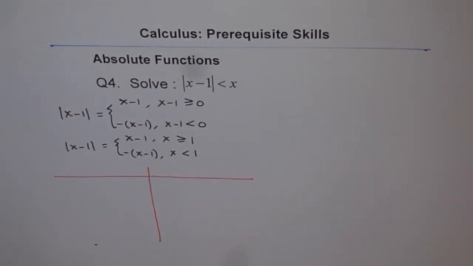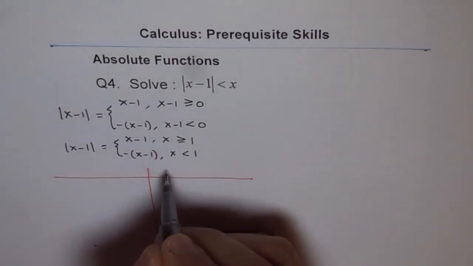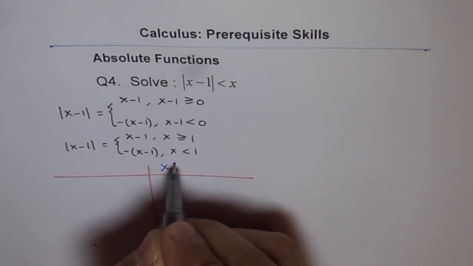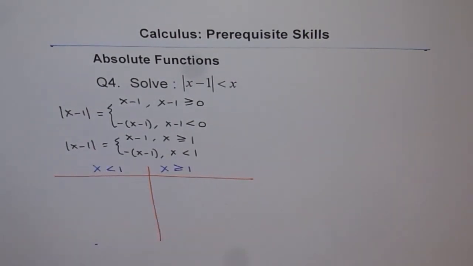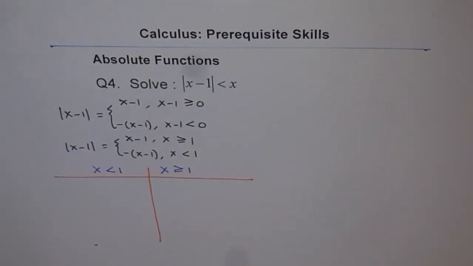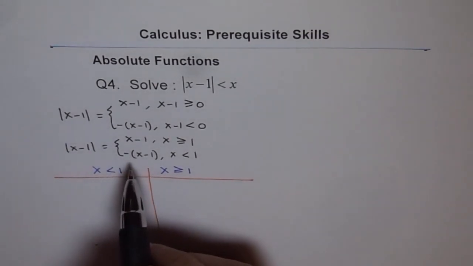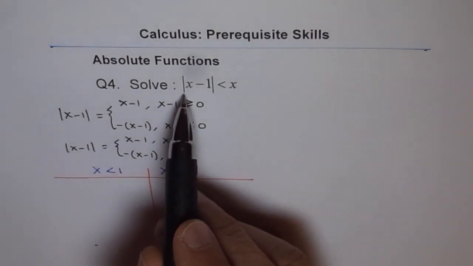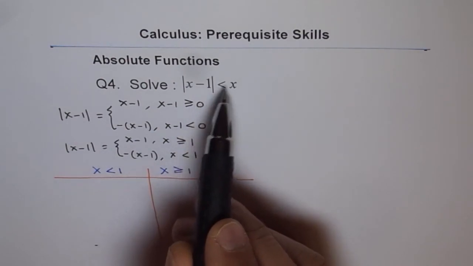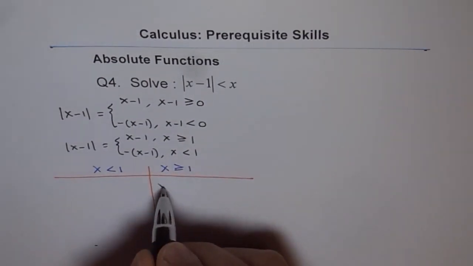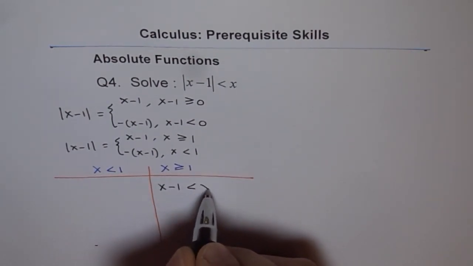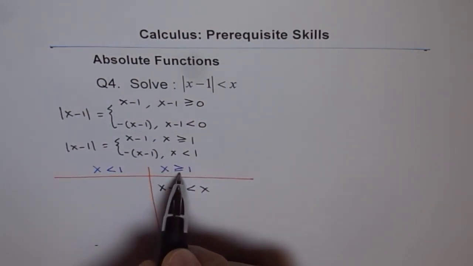So we will solve this algebraically in two pieces, as the function is. One piece is when x is greater than or equal to 1, and the other is when x is less than 1. In each case, the inequality will be different. |x - 1| < x will be written as x - 1 < x if x is greater than or equal to 1.